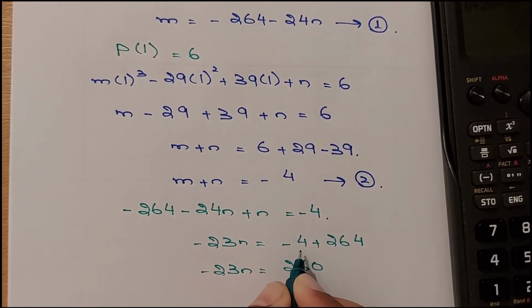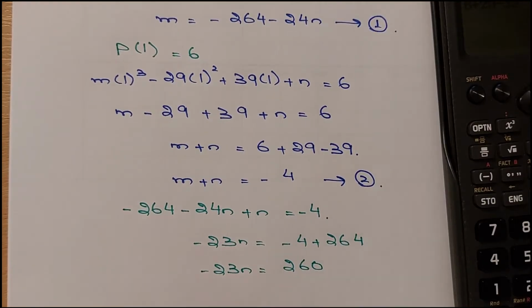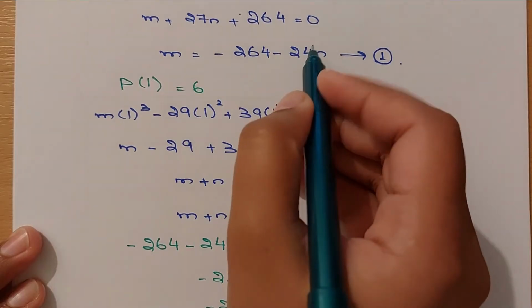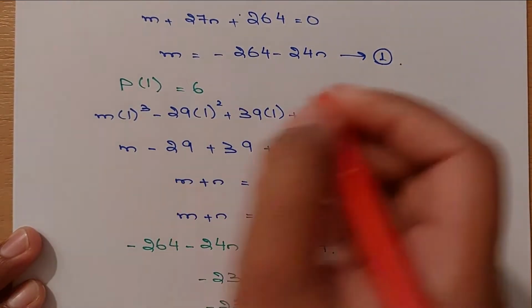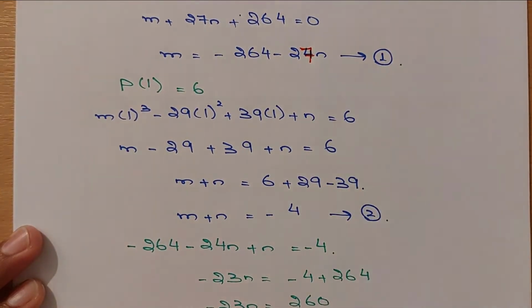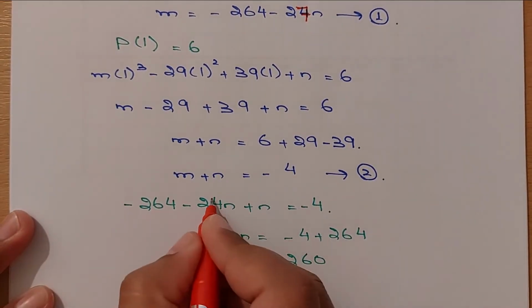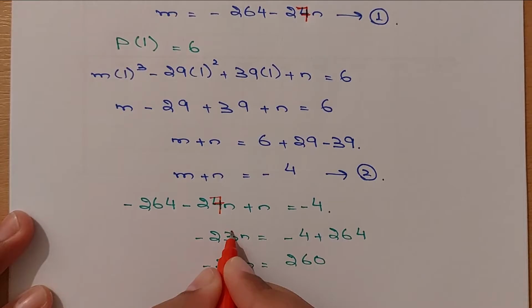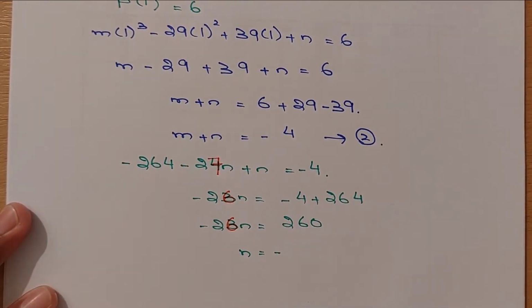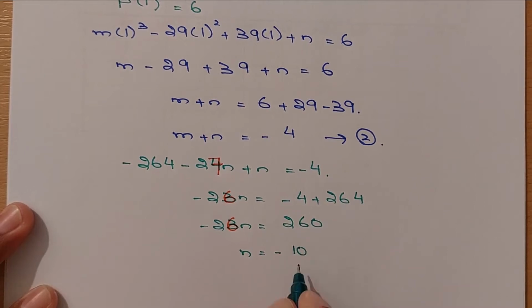From 264 subtract 4 is just 260. Sorry, when we shift here, this is not 24, this is 27, so the n value is minus 10. So 260 divided by 26 is minus 10.